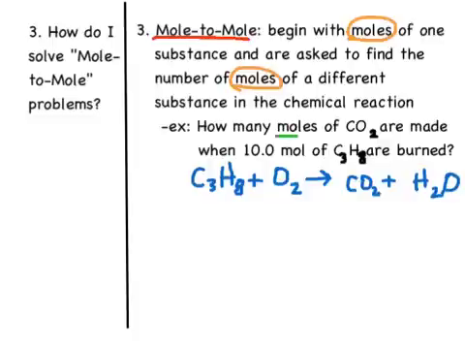How many moles of CO2 are made when 10 moles of C3H8 are burned? Now here's our chemical reaction. Every time you're given a stoichiometry problem, you are usually given a reaction, or you need to write it out. Lucky for you, I gave this one to you.